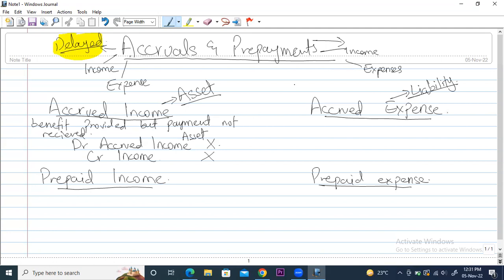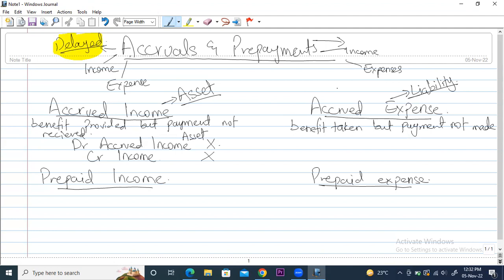Now in this, what happens is benefit taken but payment not made. Benefit taken but payment not made.